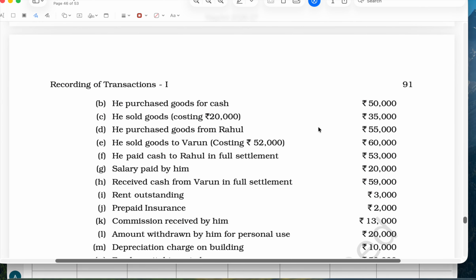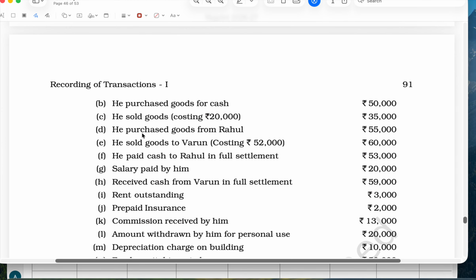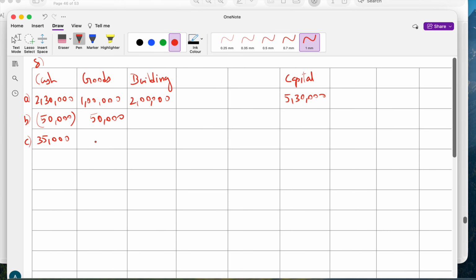So nothing is mentioned, so we'll take it as cash sales. Okay. So 35,000 comes in and goods worth 20,000 is being sold. Okay, this you will reduce. So the profit 15,000 is added to the capital.